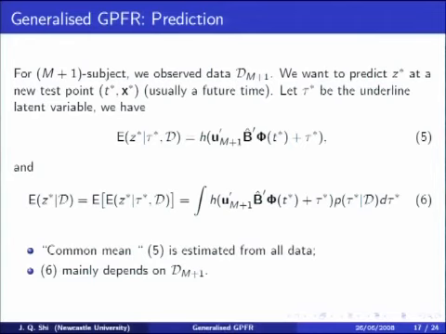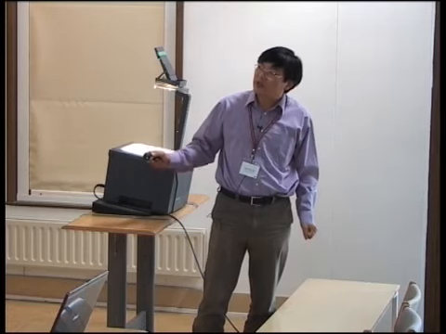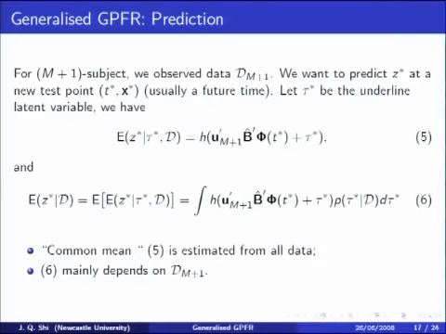For a completely new subject, where we haven't observed any data, we can only use the first part. But if we have observed some data for this subject, we can improve this prediction quite a lot.